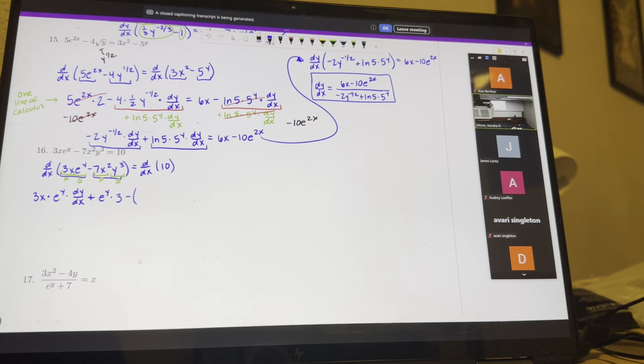Minus, I'm going to put in open parentheses, and then I'm going to apply the product rule, where 7x squared is my first function and y cubed is my second function. So in using the product rule, the first is 7x squared times the derivative of the second. I'm finding the derivative with respect to x, and this expression is involving y, so I have to use the chain rule.